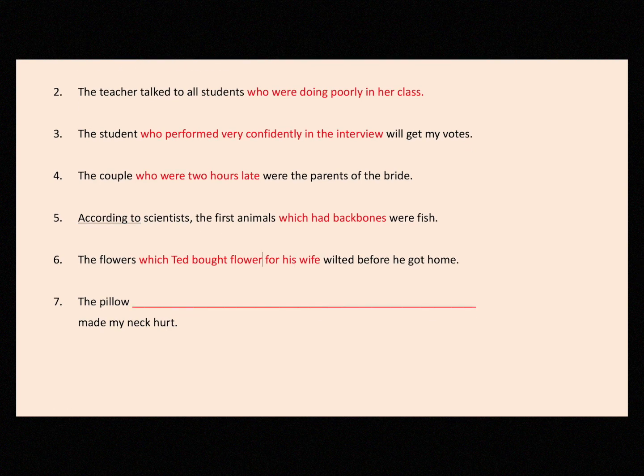Alright, let's look at the relative pronouns here. Which to refer to flowers, because flowers they are things, and that's why we use which to refer to it. It is correct, it is okay. But there comes another problem with flower here. Because which is already replacing the word flowers, and that's why we can actually delete the flower here.